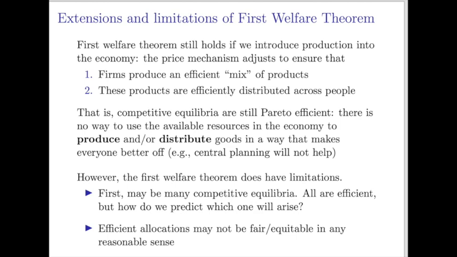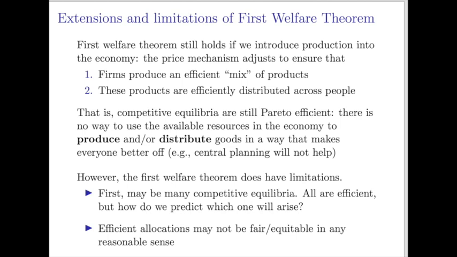Remember, the notion of Pareto efficiency also doesn't tell us anything about fairness or equity between the consumers, between people in the economy. And it's a pretty mild or a weak statement about the normative properties of an allocation. So Pareto efficiency is not saying a whole lot. And so the efficient allocation might not be fair or equitable in a reasonable way.